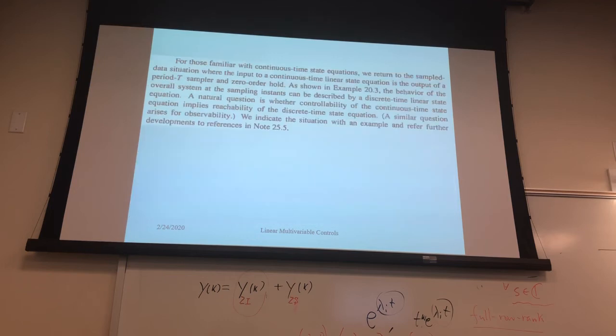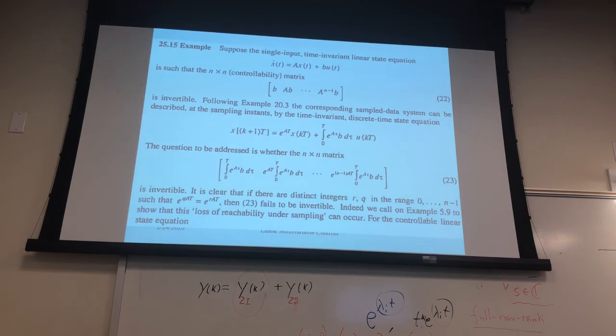Let me see, I still have quite a lot of slides. This is the part I think is more important for everyone here. Let me go to a SISO system. You have A and B, so this is a continuous time system.